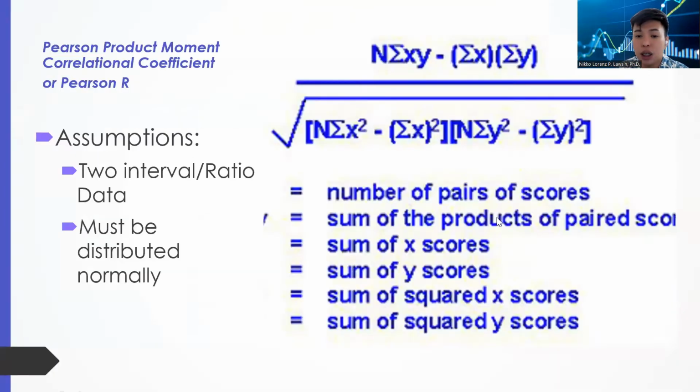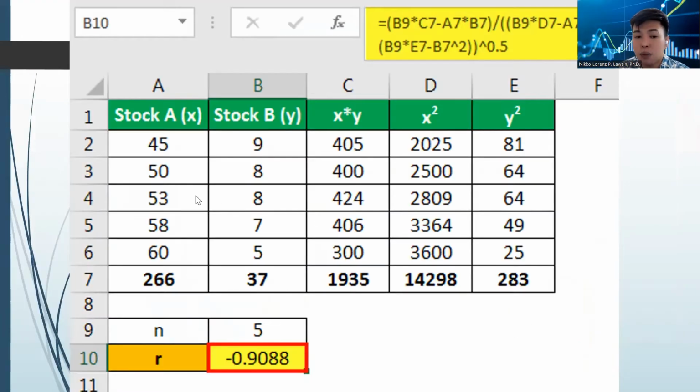Following the given formula here, you just have to substitute the values. You will come up with this answer, that is negative 0.9088. The value of the Pearson R ranges from -1 to +1.